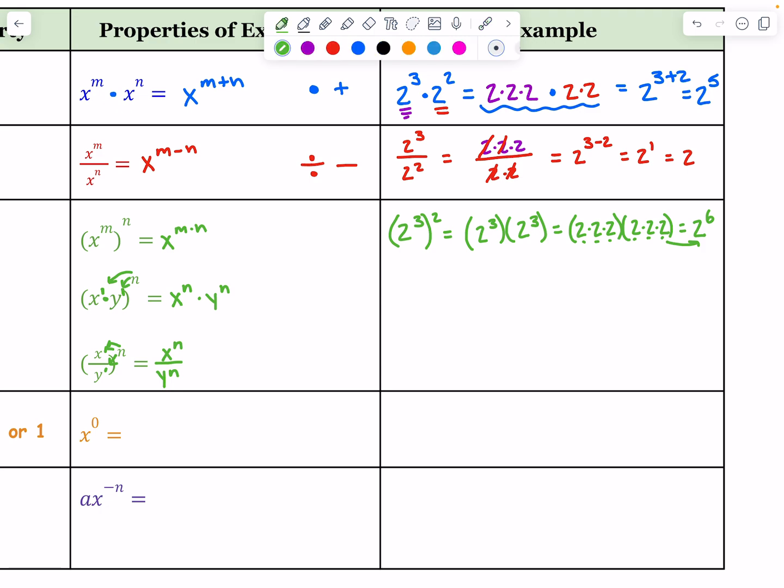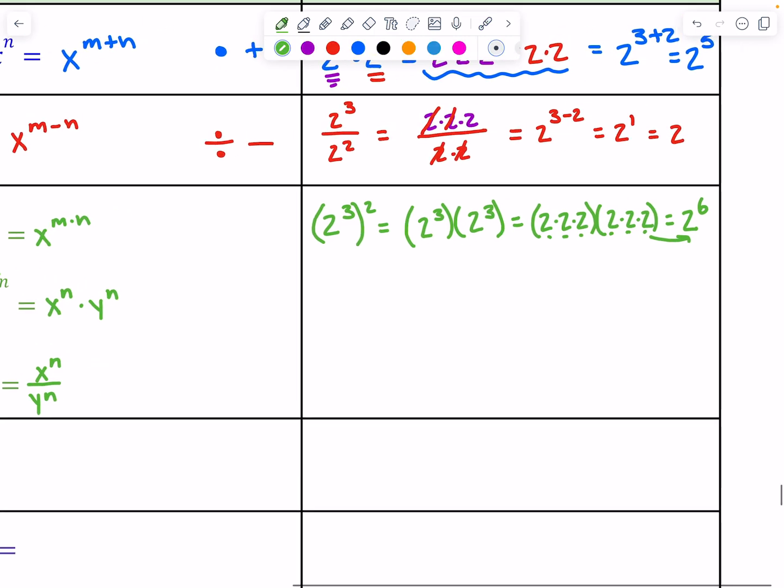All right, let's look at the next example. So we had power of a product. So if I have 2 cubed and x squared, and then that's all squared, think of what that means. That means that I have this all is going to get multiplied by itself.